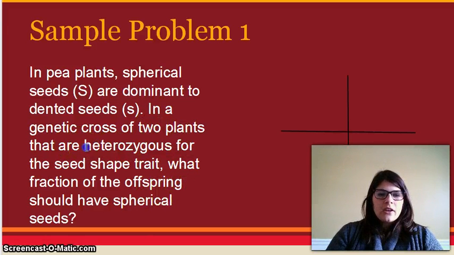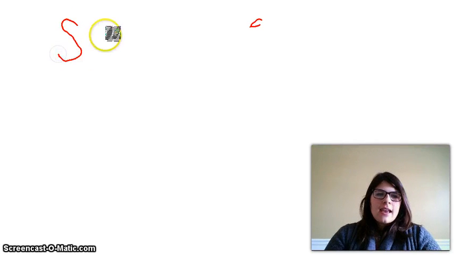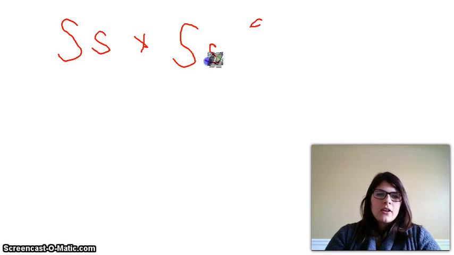So right here you can see we have heterozygous. So we have two plants. So from that problem, if you want to go back, go ahead and go back. We can see that we have a capital S and a lower S. And we're going to cross that by a capital S and a lower S.